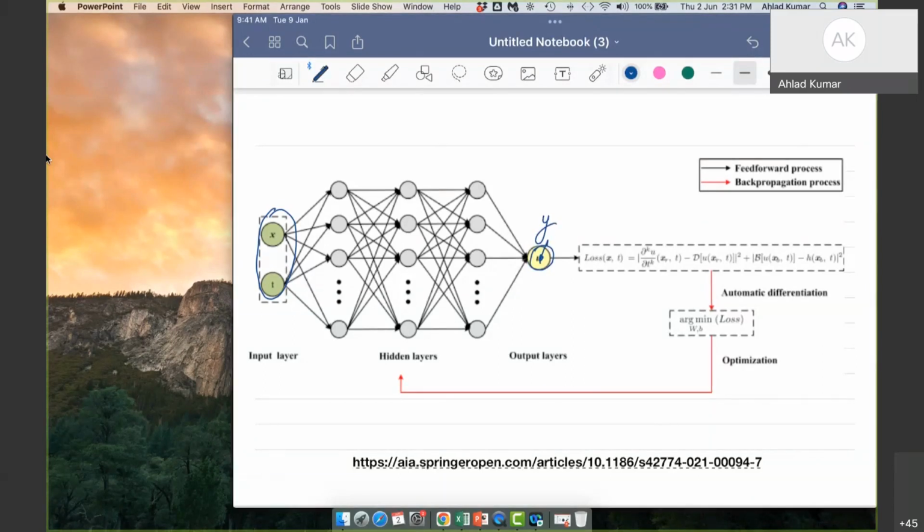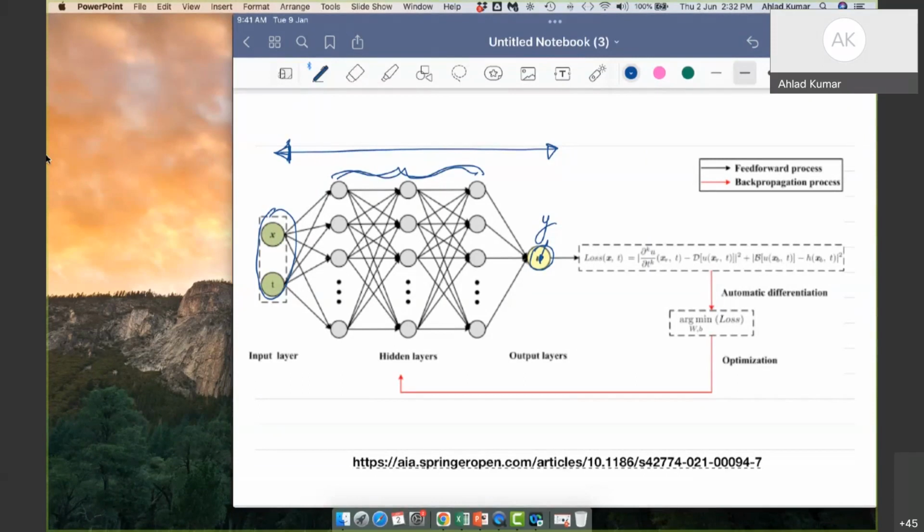So we formulate a neural network with multiple layers and multiple neurons. Later on, the weights which will be trained during the training process will be mimicking the differential equation which we want to formulate using the neural network. So this is the diagram for that.